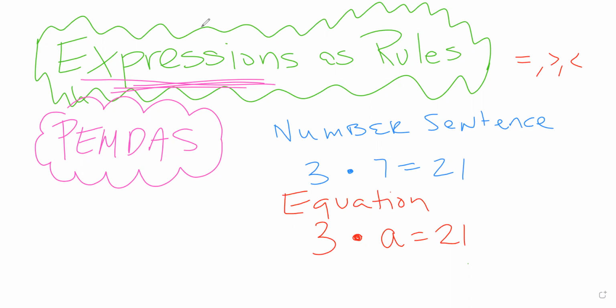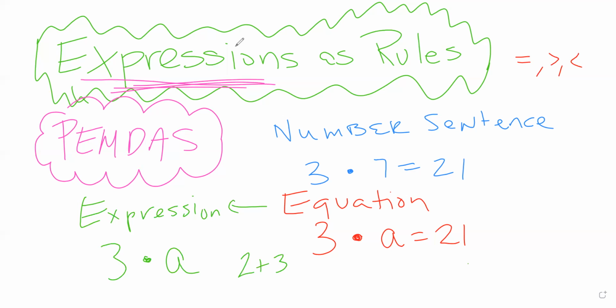Now, when we get all the way down to the expression, we literally just have these components, 3 times A. That's it. We may need to substitute to figure that out when someone tells us what A is. Another expression could be 2 plus 3. That's also just an expression.